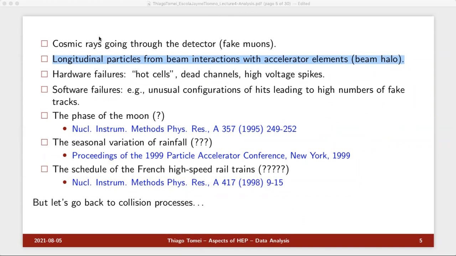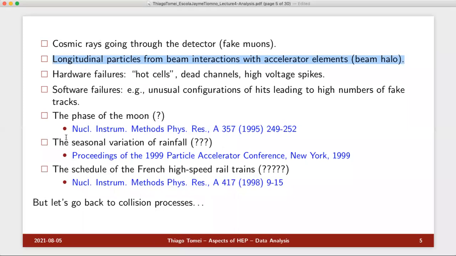But remember, the phase of the moon leads to tide effects. And tide effects, well, you can see them in the sea and in the rivers, of course, but they affect everything. And if your experiment is so precise, it may happen that just a little bit of misalignment, say something like 10 to 20 microns, may be enough to change your results.